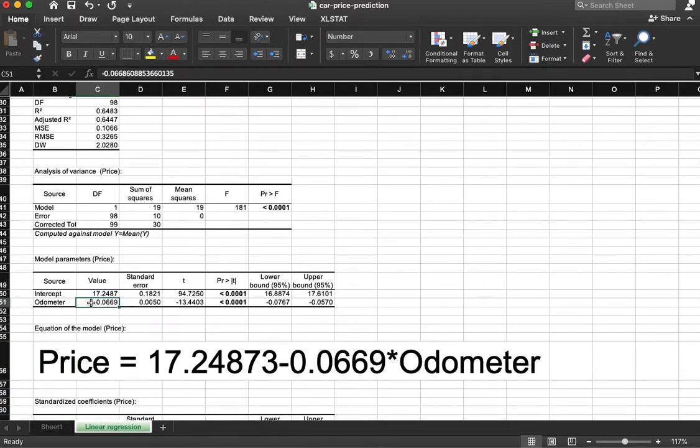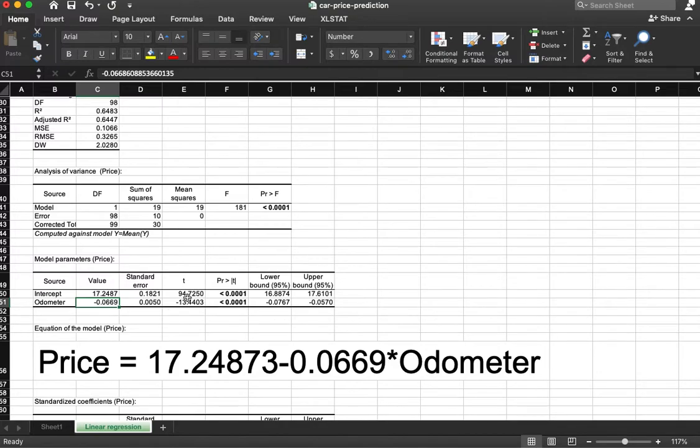All right, so we've got our value for odometer. We have a t-value that's showing us the null hypothesis is that this value is actually 0. And the t-value is telling us if that's the case or not. Because this t-value is very large, the probability that this is 0 is very small.